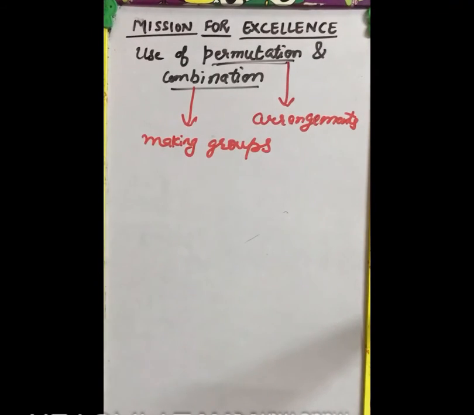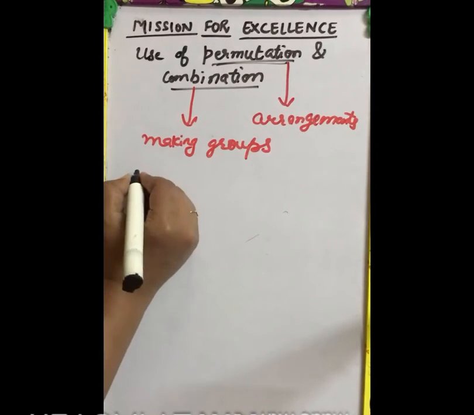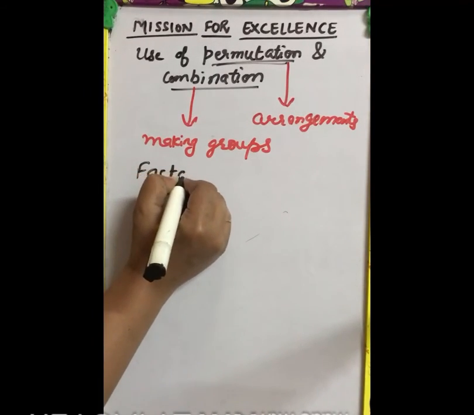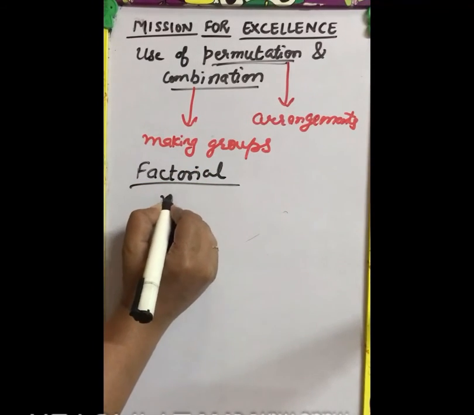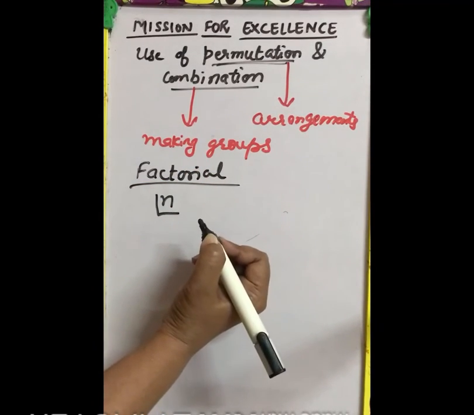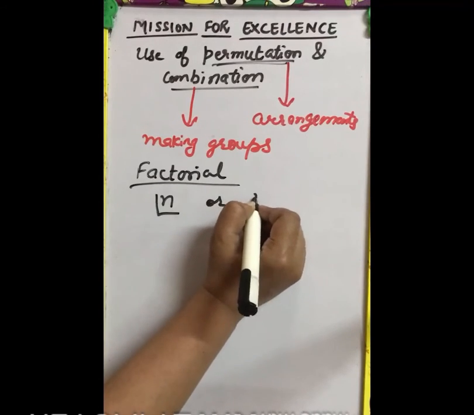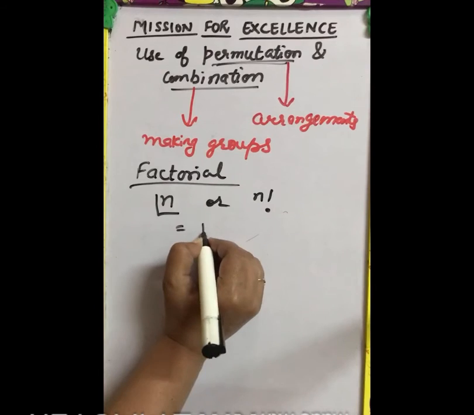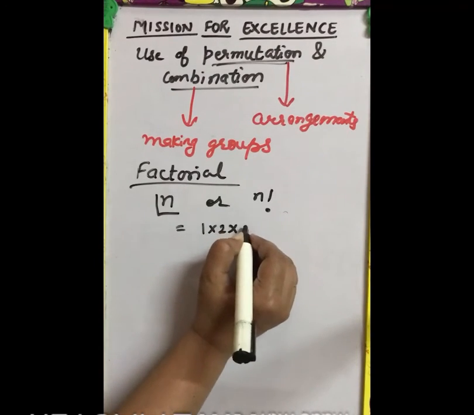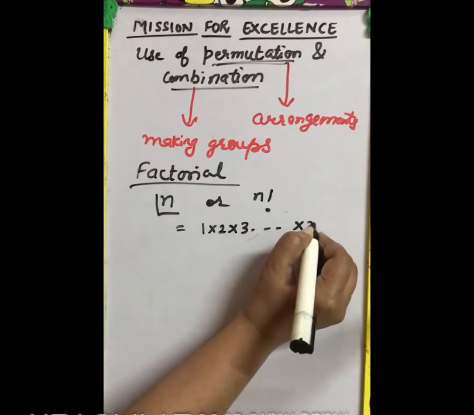For this, let us first understand the factorial notation. We denote the factorial by this notation, factorial n, and its value is equal to 1 multiply 2 multiply 3 up to n.